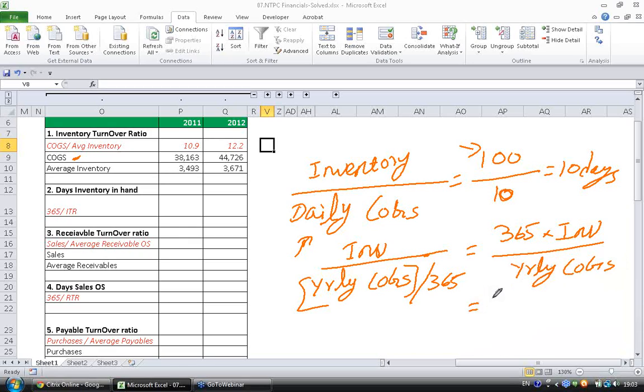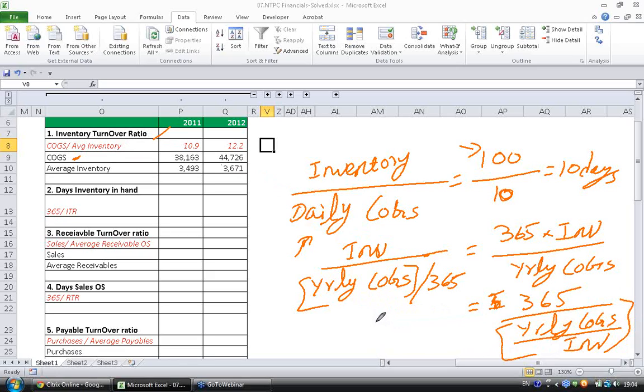This will lead to 365 divided by yearly COGS divided by inventory. Yearly COGS by inventory is nothing but inventory turnover ratio. So all you have to do is 365 by inventory turnover ratio, which gives you days inventory in hand.